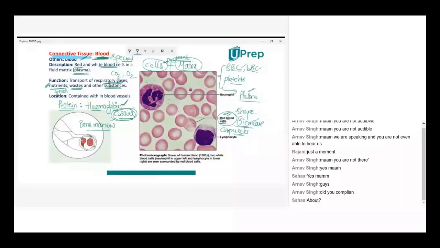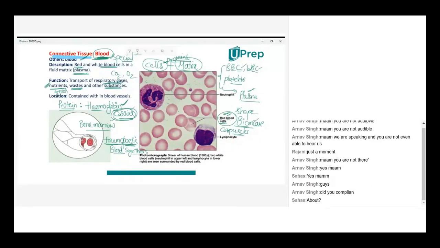Now, the second concept in blood is a word called hemopoiesis. Hemo stands for blood. Poiesis, synthesis. Production of blood cells.